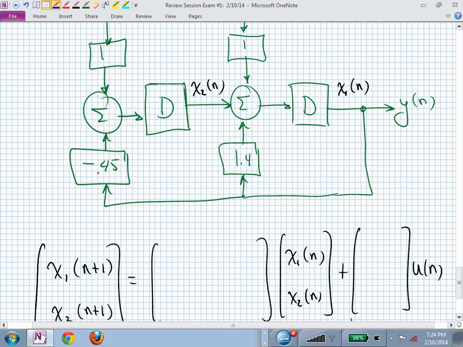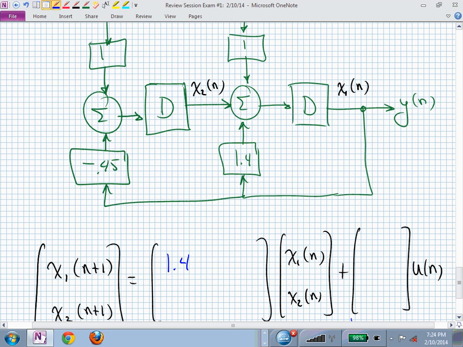Now, we could make this really more complicated if I would have fed back y of n and there was this gain between y of n and x1 of n. That could complicate things, but I made it pretty easy here. But for now, y of n is simply the same as x1 of n, and that's directly feeding back. That's 1.4.